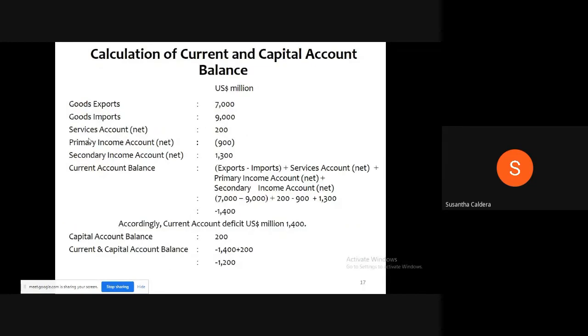I have given a very simple example of calculation of current and capital account balances. I don't have to explain this to you, but you can understand. Goods export is lesser than goods import.